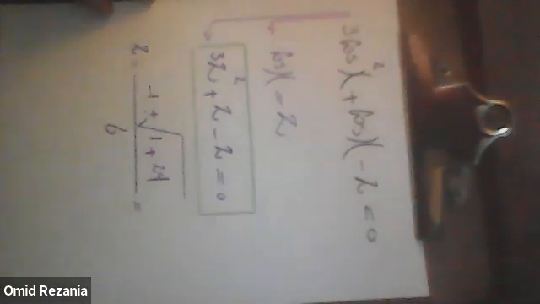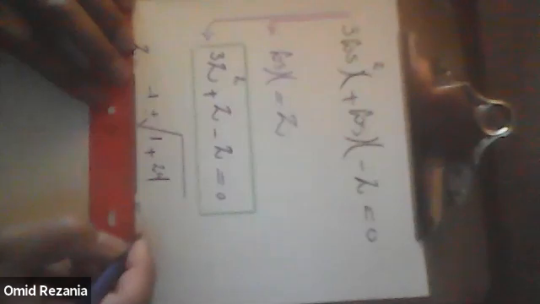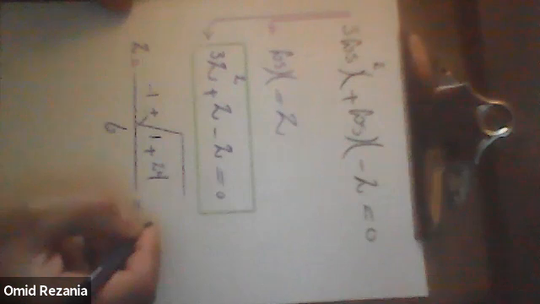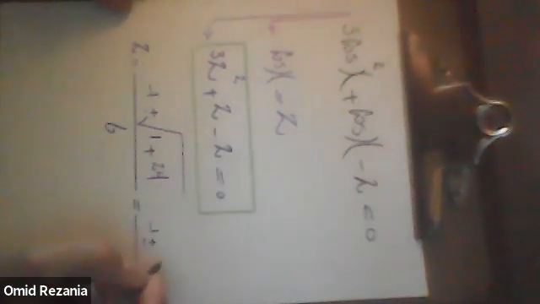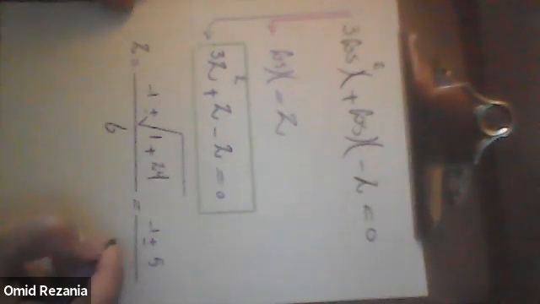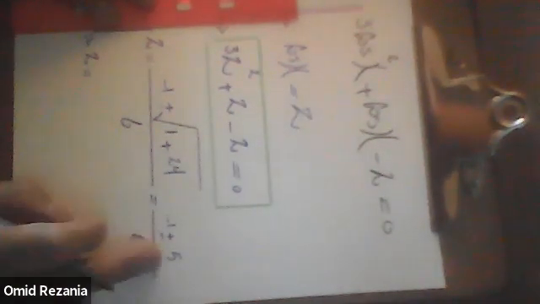Then if I want to simplify that, what do I get? First of all, minus 1 plus or minus 5, because 1 plus 24 becomes 25, and the square root becomes 5, divided by 6. At this stage you get 2 very easy roots for z. z equals minus 1 minus 5 divided by 6, which becomes minus 1.